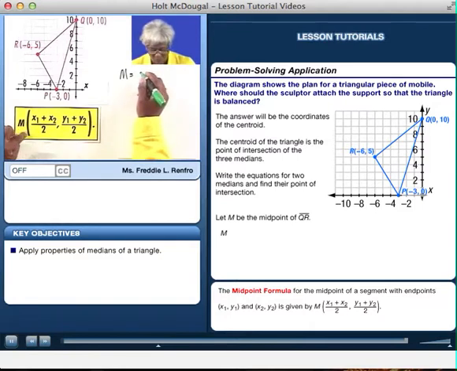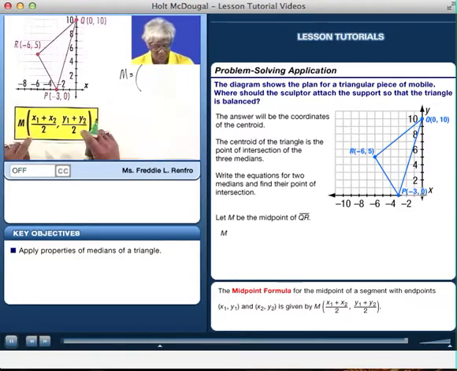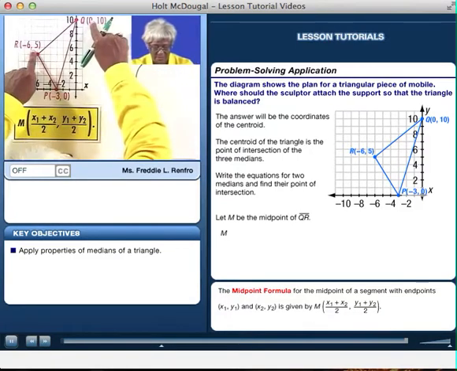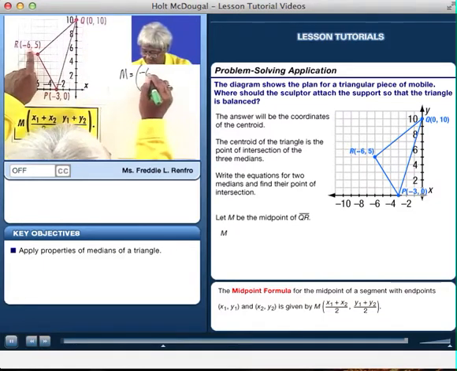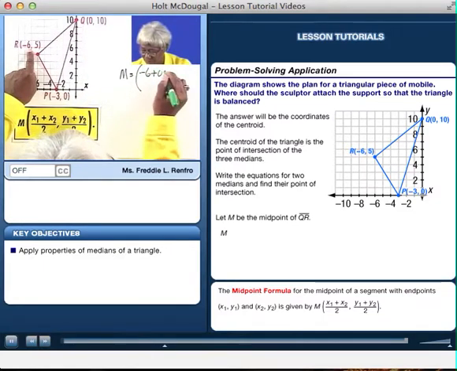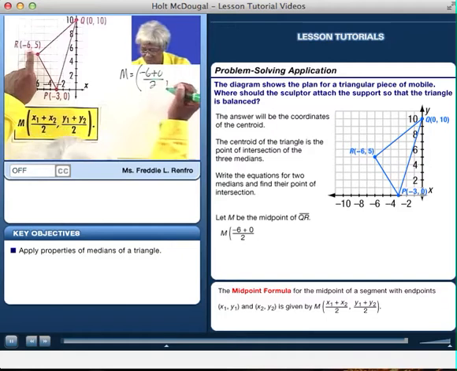Whenever we find the coordinates of that point, we'll call it M. And according to the formula, we need to add the x coordinates, which are -6 plus 0 divided by 2.